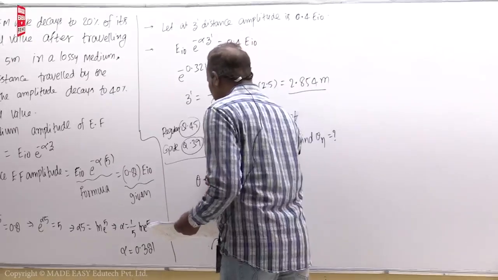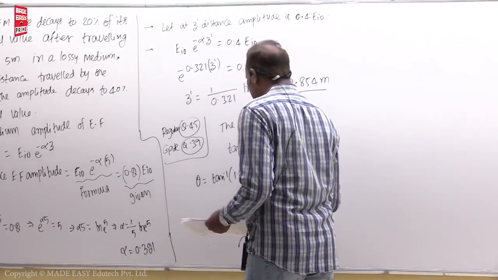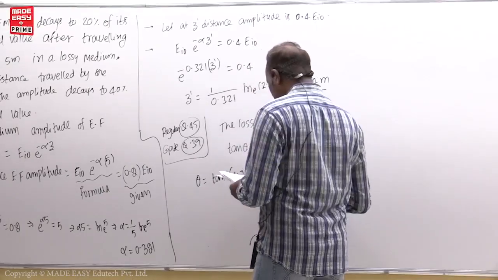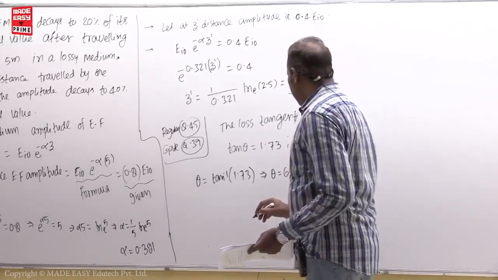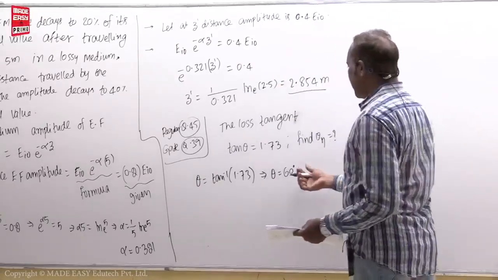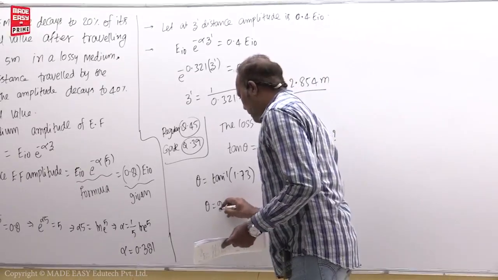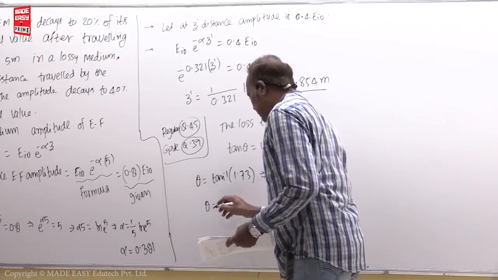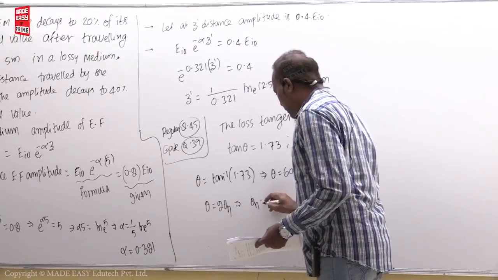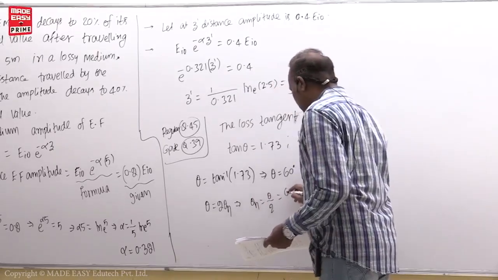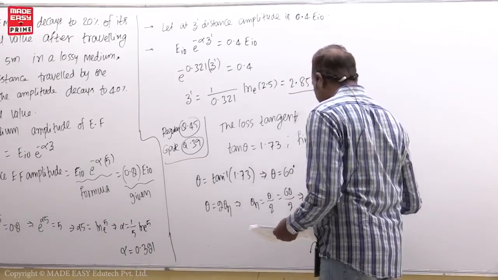So here theta is equal to tan inverse of 1.73. That is nothing but theta is equal to 60 degrees. We know the relation between theta and theta eta, already I wrote in the note. Theta is equal to 2 times theta eta. So theta eta is equal to theta by 2, that is 60 by 2, so theta eta is 30.